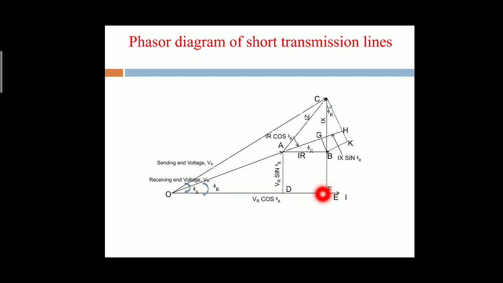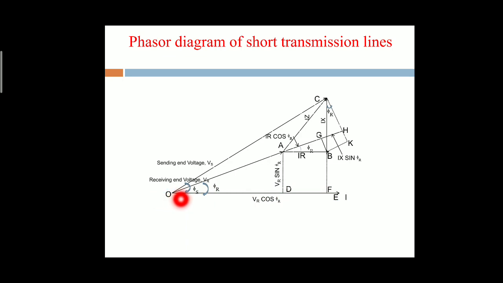Next is FC. FC is equal to FB plus BC. Next, coming to OF, OF is equal to OD plus DF.